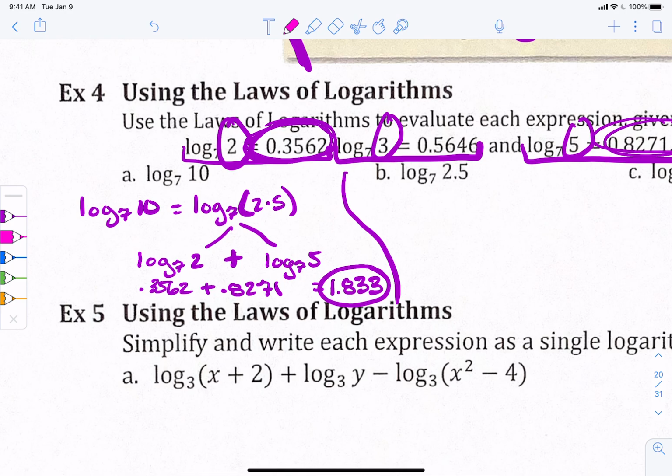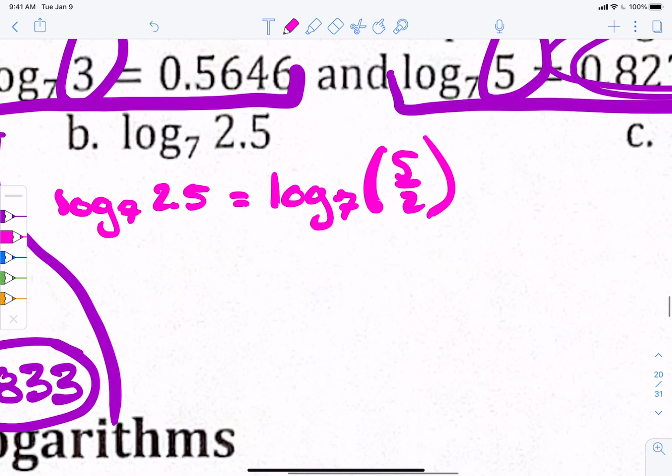All right, next one we have log base 7 of 2.5. How do I get 2.5? 5 divided by 2. Yeah, 2.5 as a fraction is 5 over 2. So I am dividing inside of the one log, and if I separate those into pieces, log base 7 of 5 minus log base 7 of 2. Does it matter which one you do first?